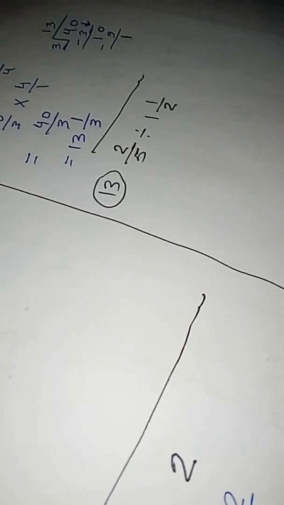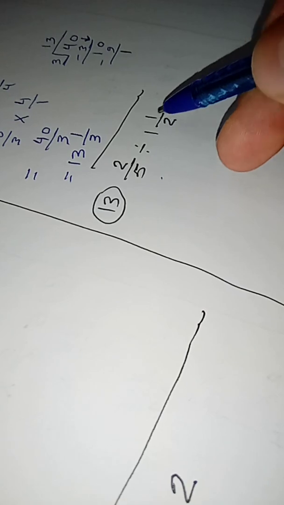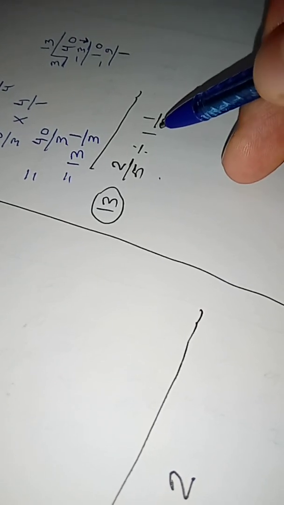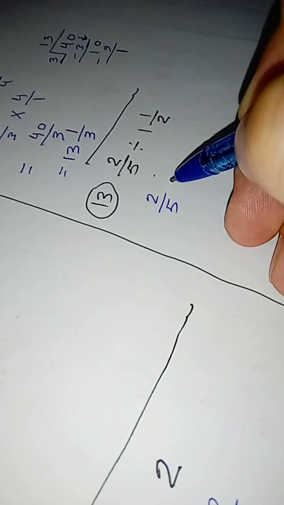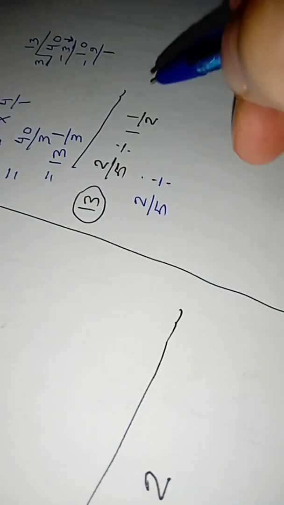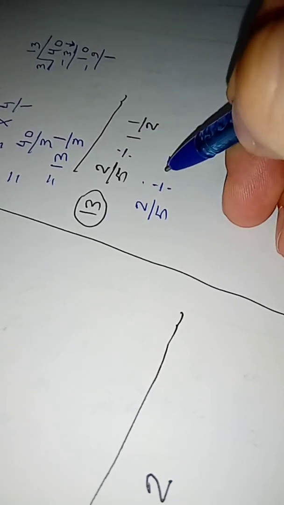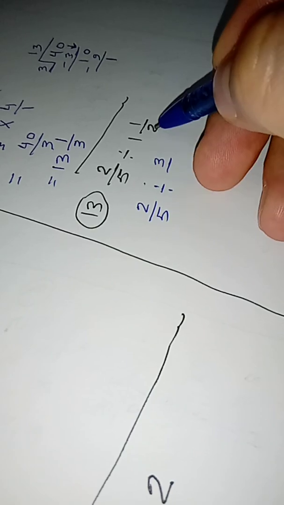The example here, we have a fraction divided by mixed number. Change the mixed number to the fraction. So I can write here 2 over 5 divided by 1 times 2 will be 2. 2 plus 1 will be 3 over 2.